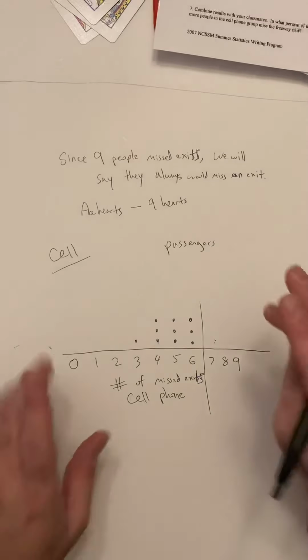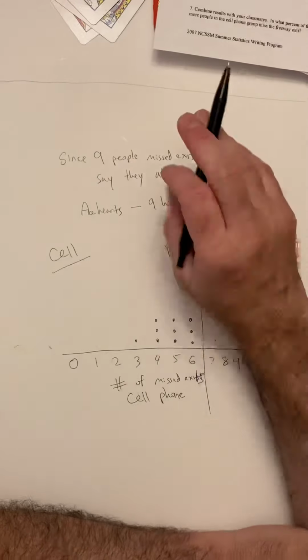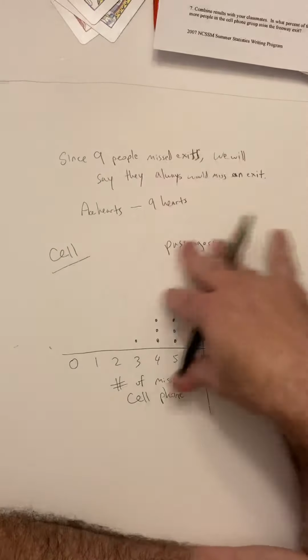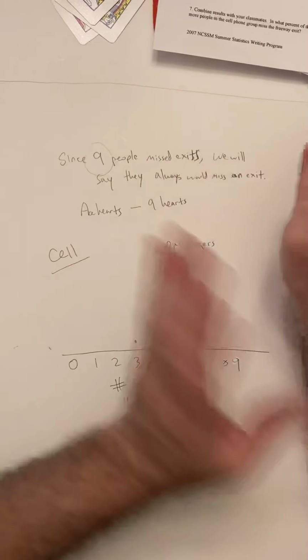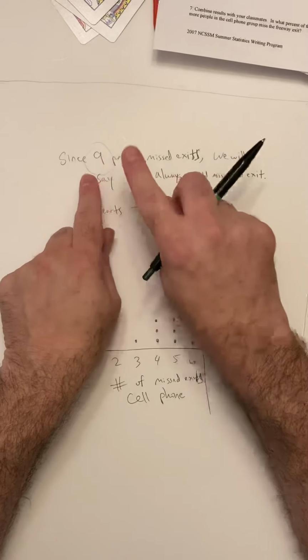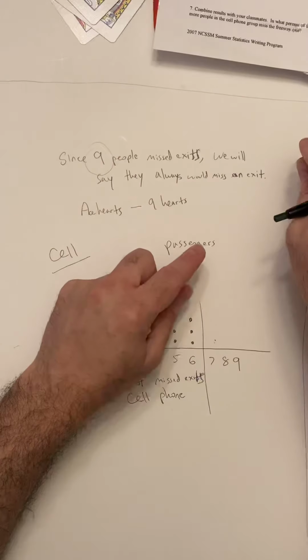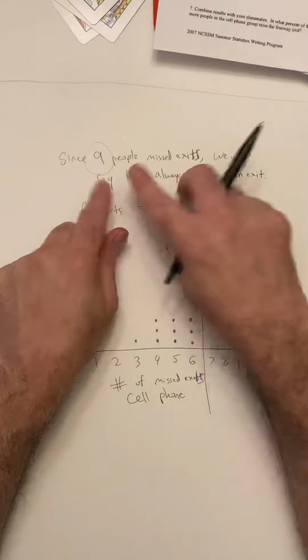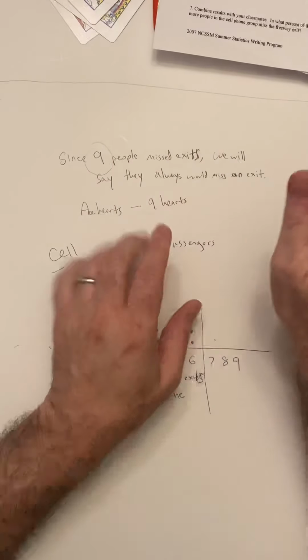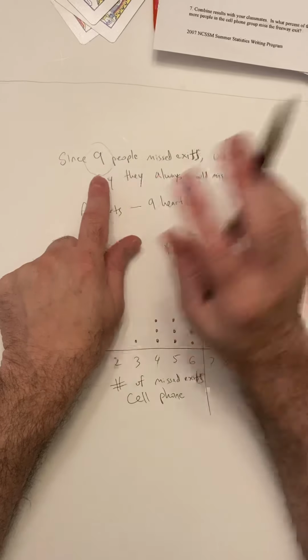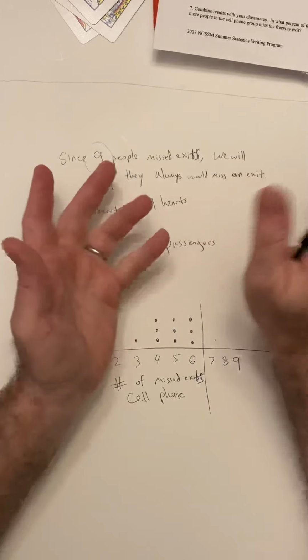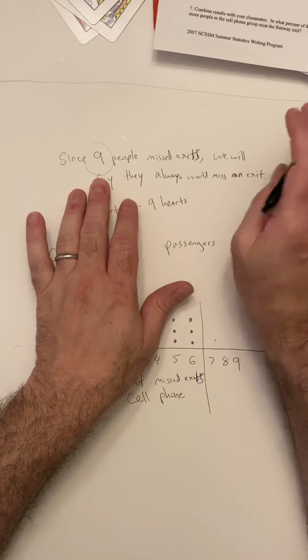Let's go back and think about what we did. We just assumed, for the sake of doing this simulation, that all 9 people who missed exits from both groups, the 7 people from the cell phone group and the 2 people from the passenger group, missed exits under any circumstances, right? And then we said, since it didn't matter what the distraction was, 9 people are going to miss exits under any circumstances.